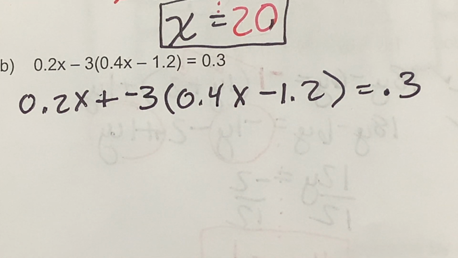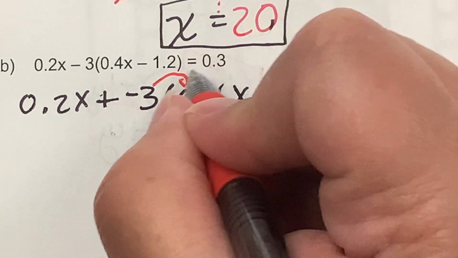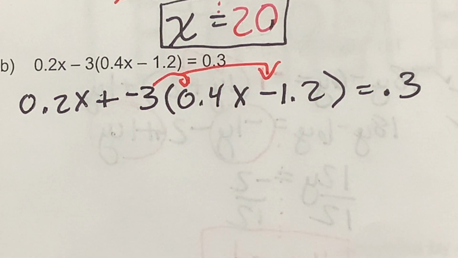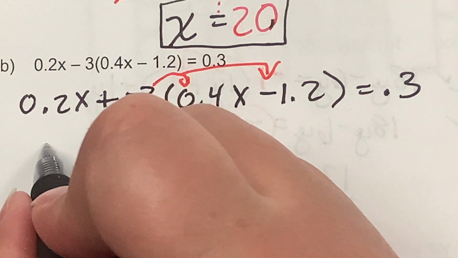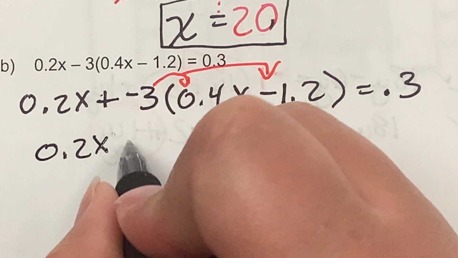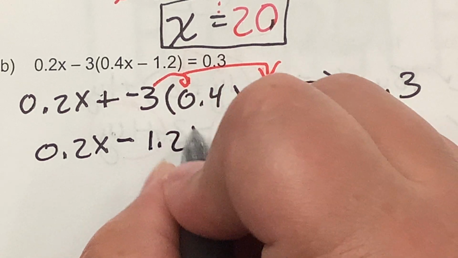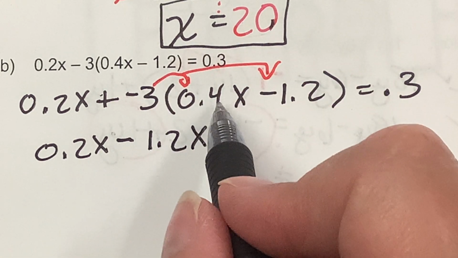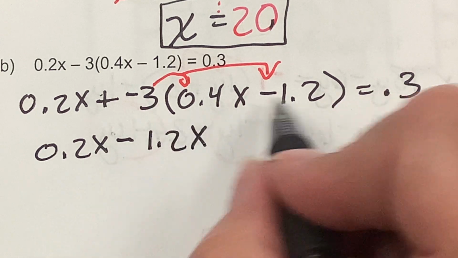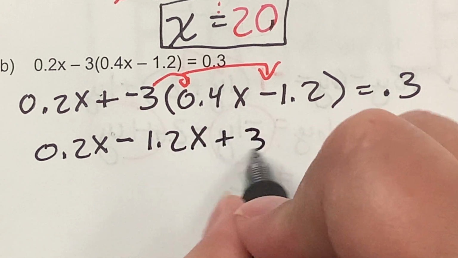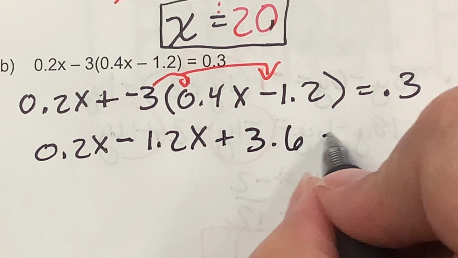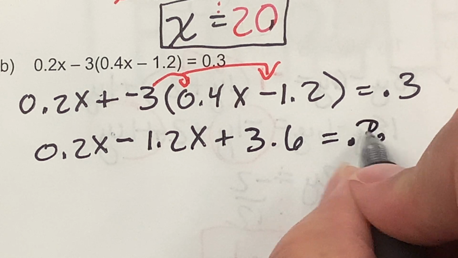So now, I'm going to multiply that, and I'm going to multiply that. Let's do that. And I get 0 and 2/10 x minus 1 and 2/10 x, because 3 times 4 is 12, there's 1 decimal point. Negative times negative is positive. 3 and 6/10 equals 3/10.